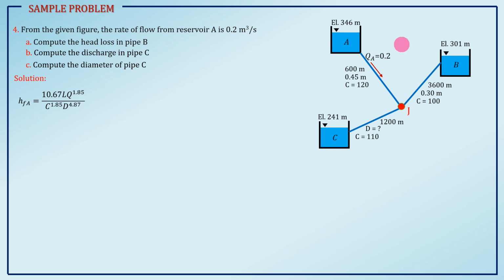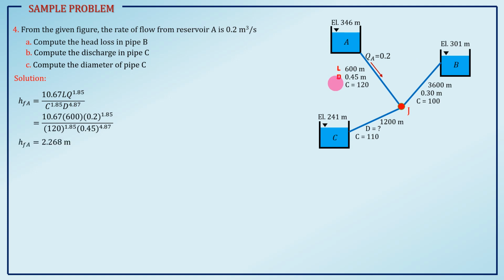So, substitute the given. We have the length of the pipeline at point A, that is 600 meters, and then the diameter. Q is 0.2, given from the problem, raised to 1.85 over C. C is 120 raised to 1.85.